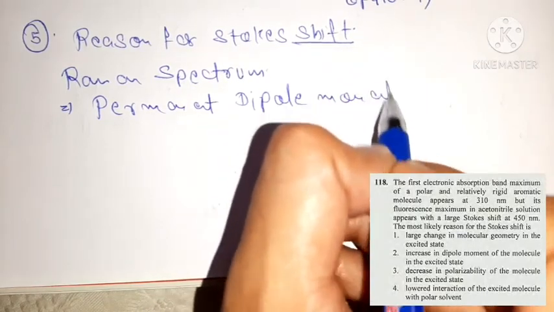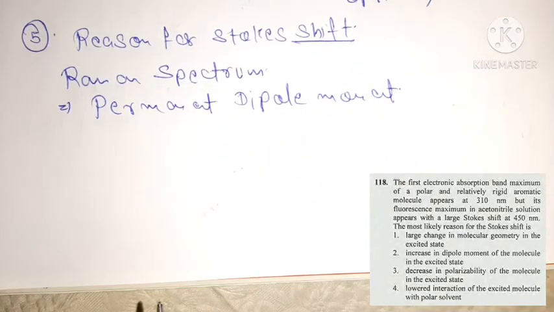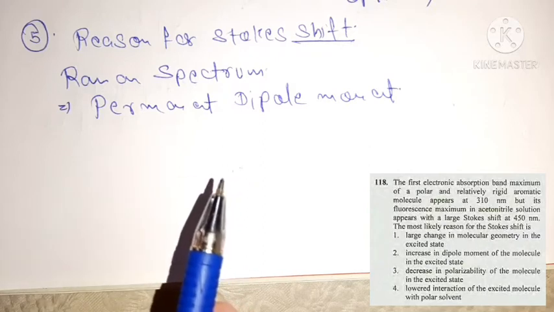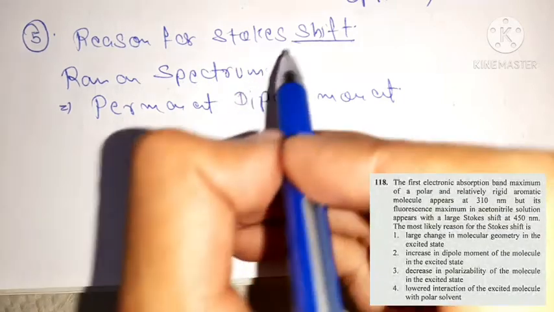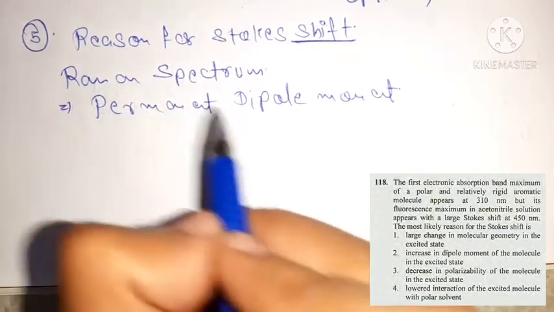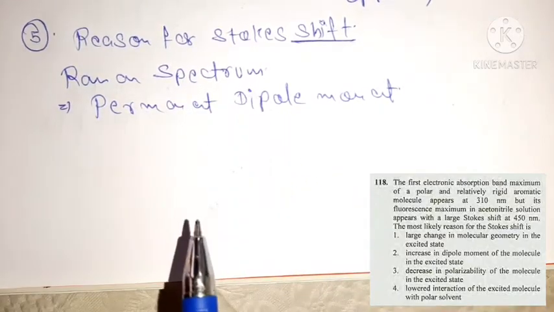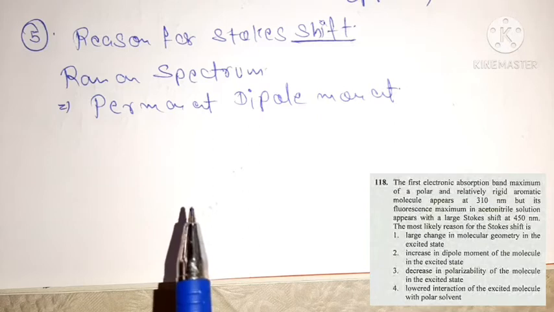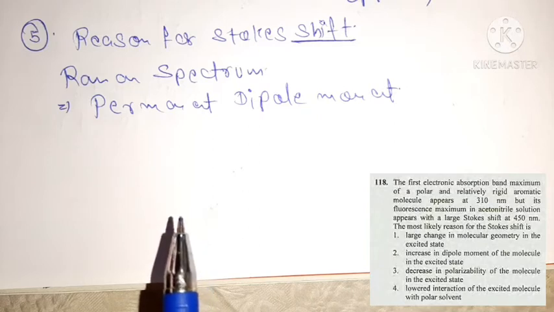And when the change of dipole moment of these molecules occurs, we observe the Stokes shift and anti-Stokes shift. Simply, this is the concept. When the change occurs in the dipole moment of the molecule, the Stokes shift or anti-Stokes shift will be observed in its spectrum.